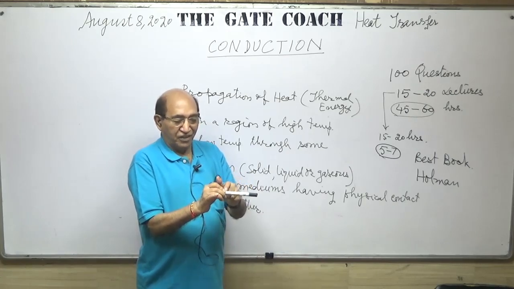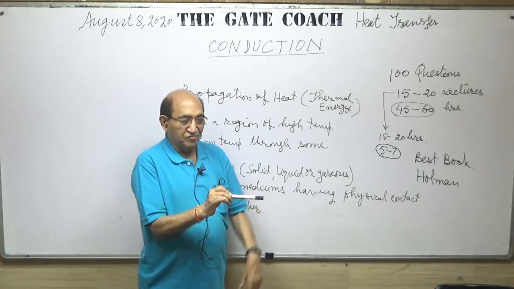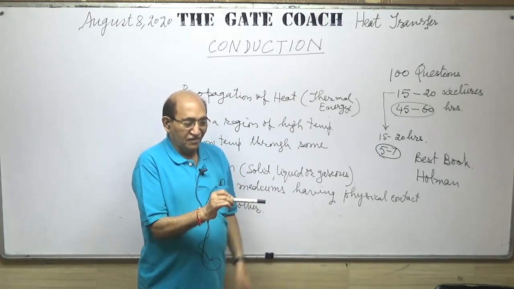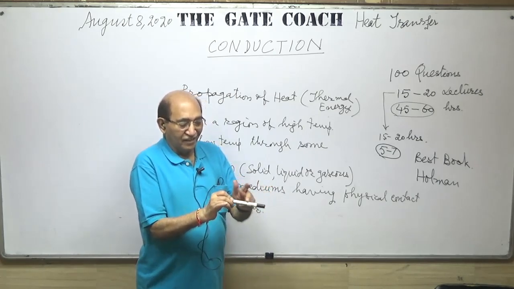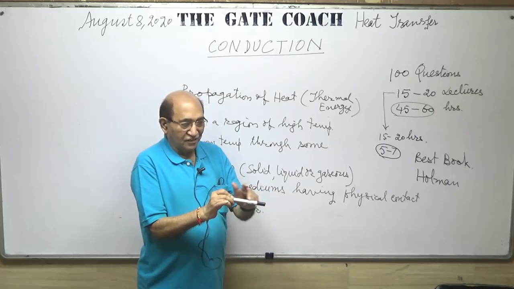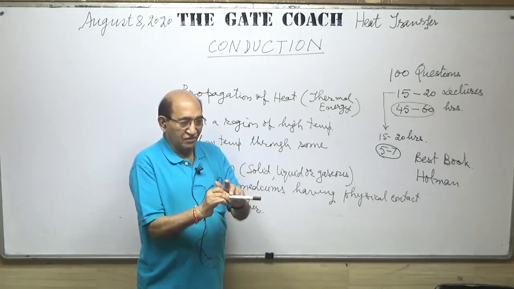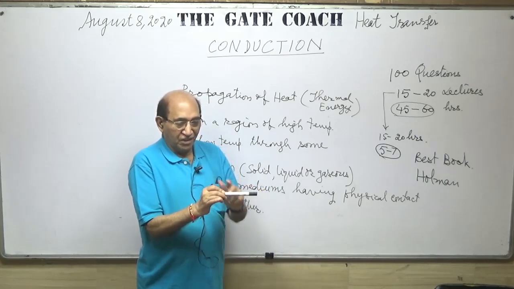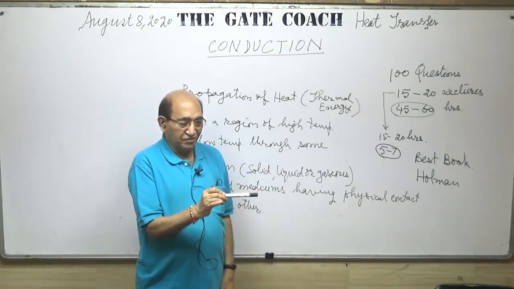From the region of higher temperature to the region of lower temperature. How long? Till the entire length is at the same temperatures. That means thermal equilibrium has been maintained.